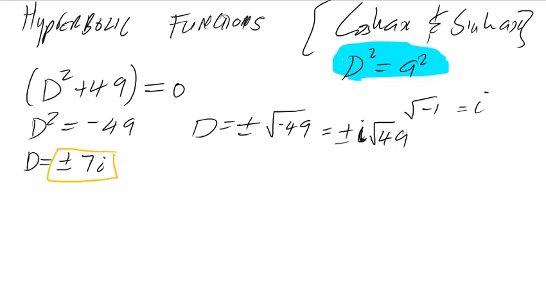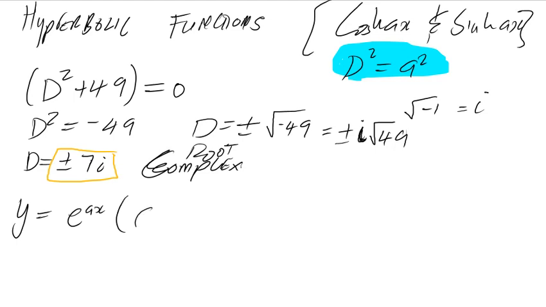Whenever you've got a complex equation or a complex root, you use this equation. y is equals to e to the ax open bracket c1 cos bx plus c2, sorry, sine bx, because the e we make a common factor. This is the equation that you're gonna use if you've got a root complex.